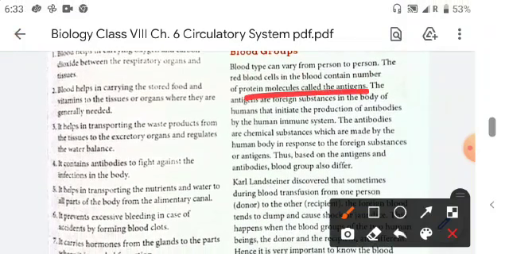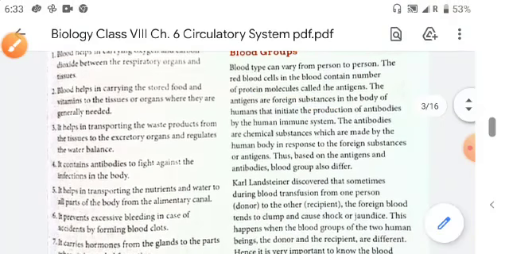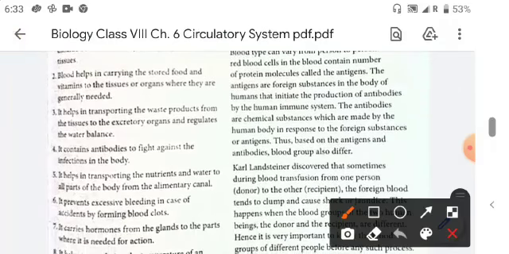Antigens are foreign substances in the human body that initiate the production of antibodies by the human immune system.